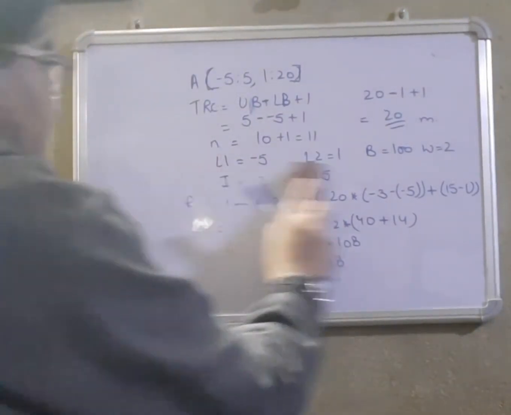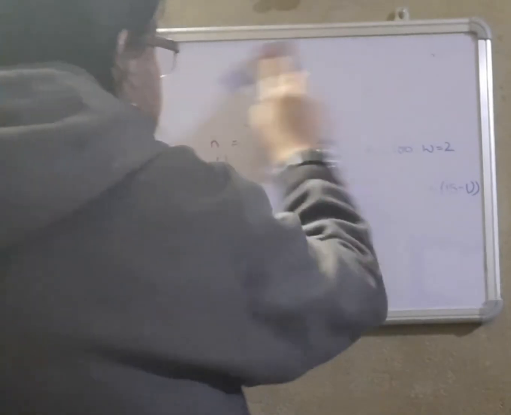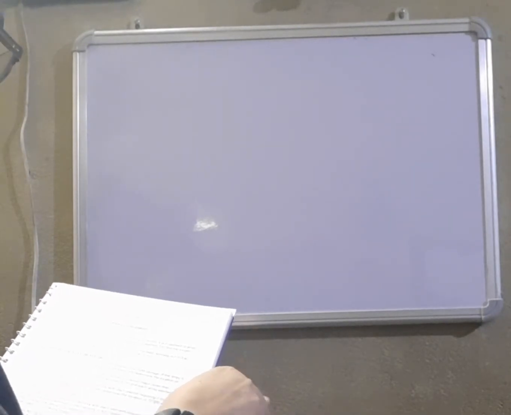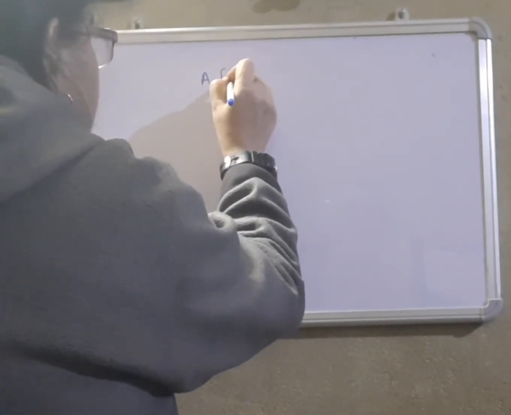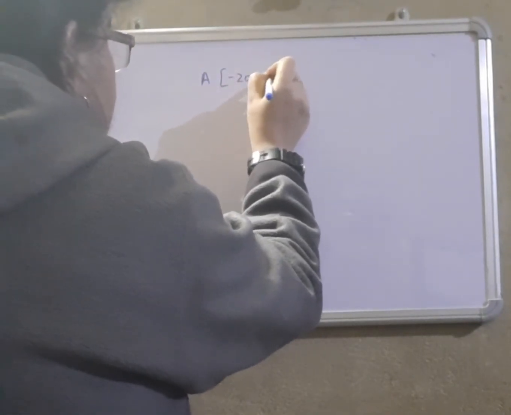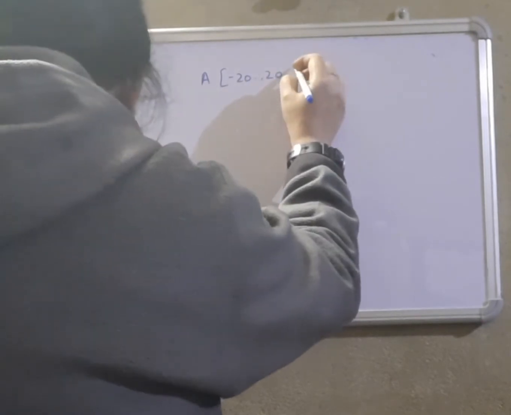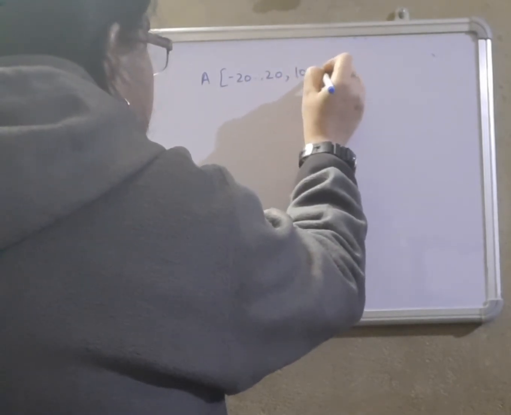So let's see our matrix. Matrix is A minus 20 to 20 and 10 comma 35.